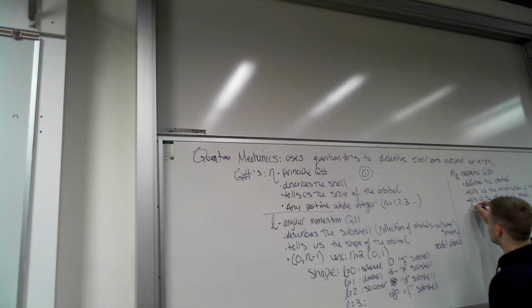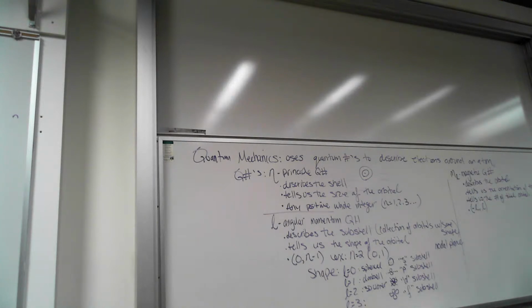And our m sub L ranges from negative L to L. So for example, if we have an L of 2, our m sub L can be negative 2, negative 1, 0, 1, and 2. Those are our possible m sub L's, from a negative L to a positive L.